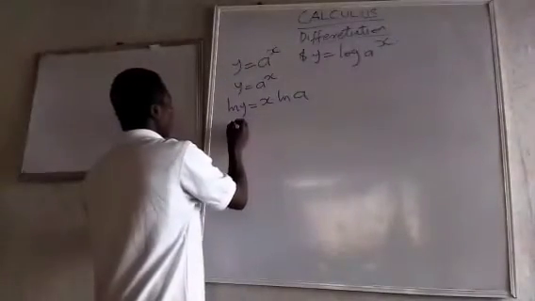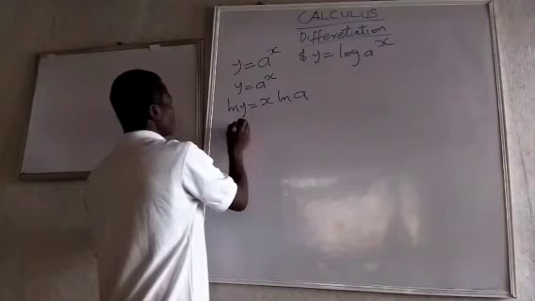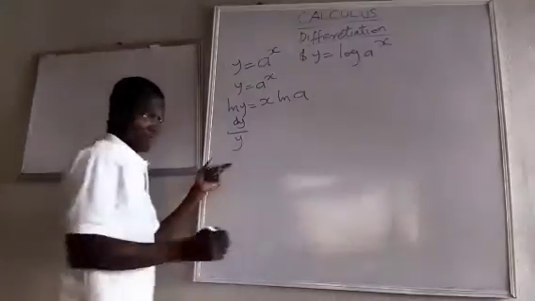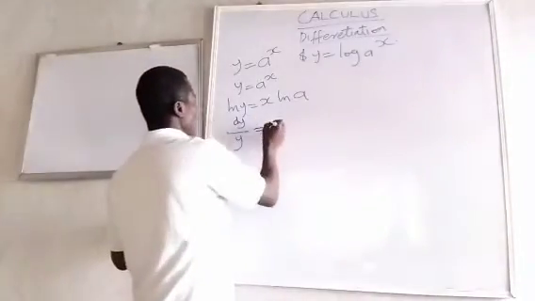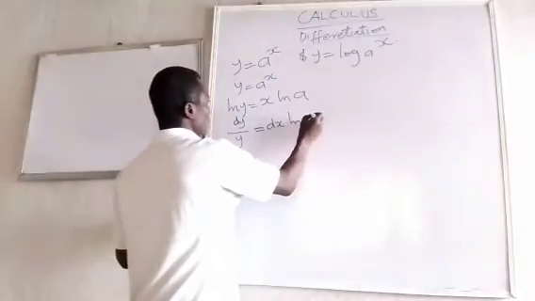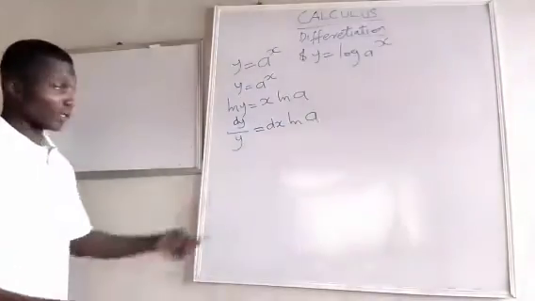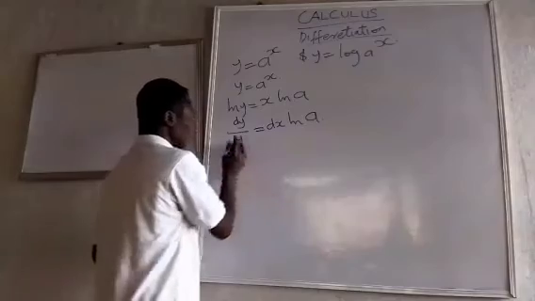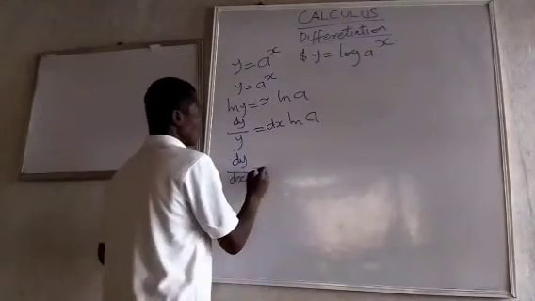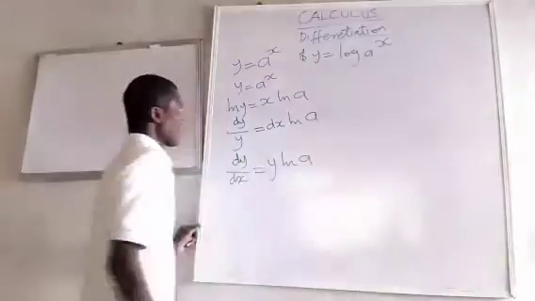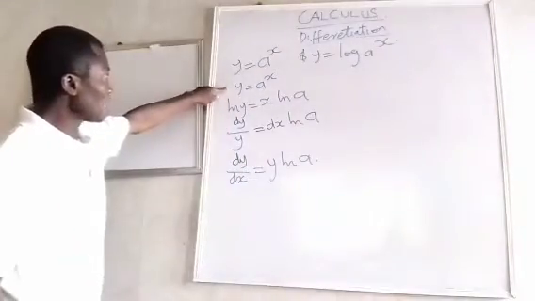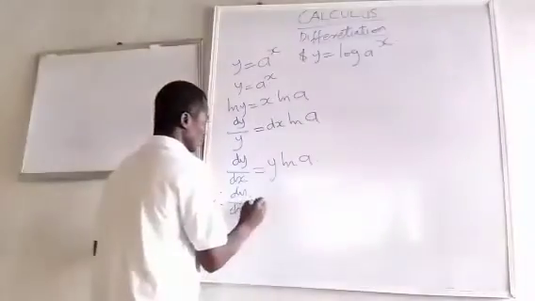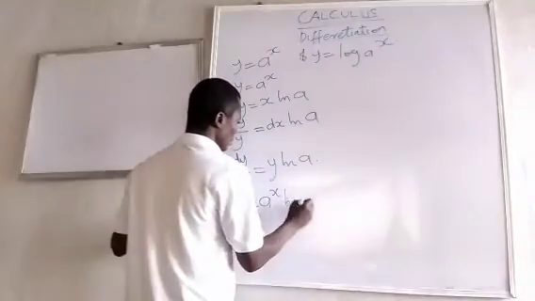It's going to give me dy over y is equal to dx ln a. Now, like we did before, let's divide both sides by dx. So we are going to have dy/dx is equal to y ln a. And from the beginning, our y is equal to a raised to power x. Therefore, dy/dx is equal to a raised to power x ln a.